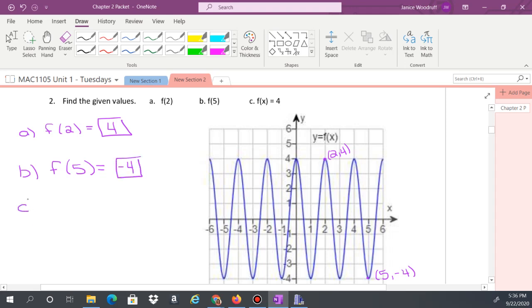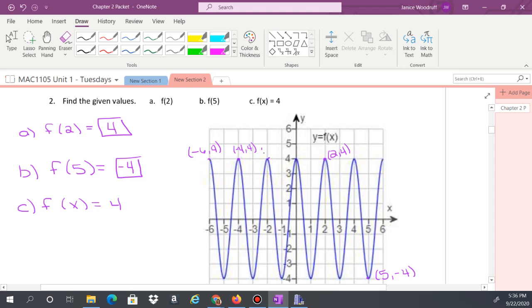And then for C, we have f of x equals 4. So now when y is 4, what is our x value? There's quite a few, aren't there? We're going to want to name each of those. We have this point here, which is -6, 4. We have -4, 4.